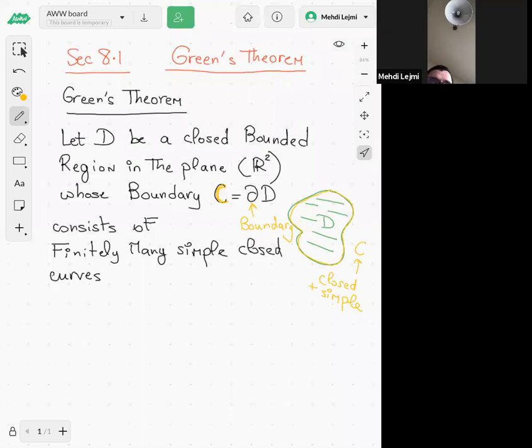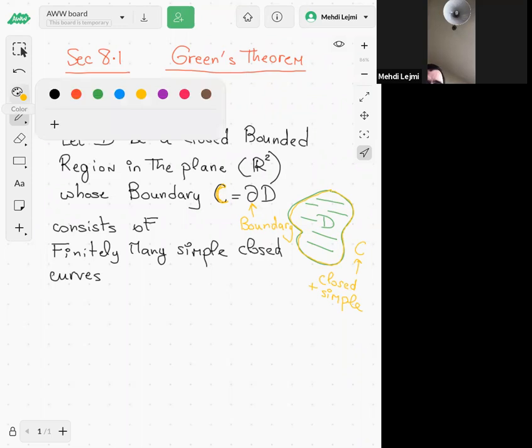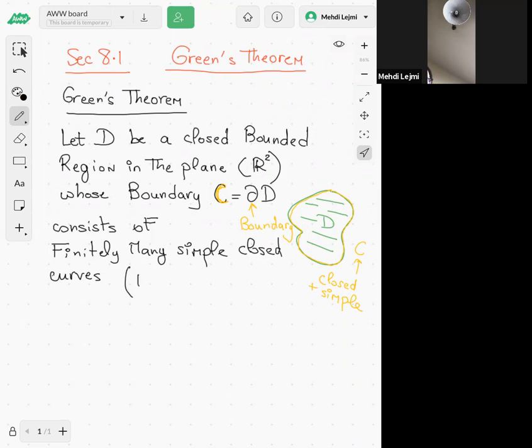And as was said, if you have a curve which intersects itself more than one time, for example, if you have something like this, this is closed, of course, but it's not simple.